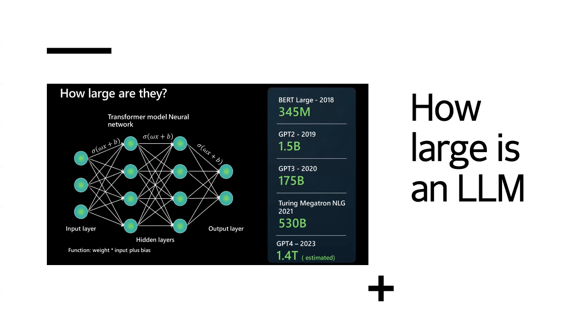On the left side of the figure, it's showing the neural network layers. We first have input layers, and it passes through hidden layers, and it goes to the output layer, and the number of layers and parameters are on the right side.